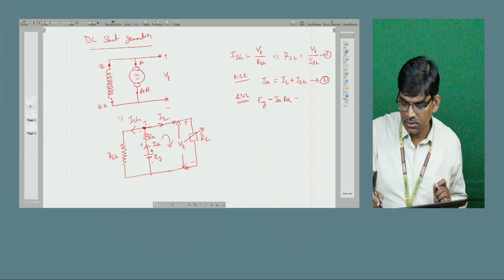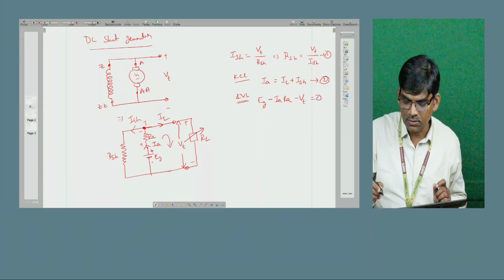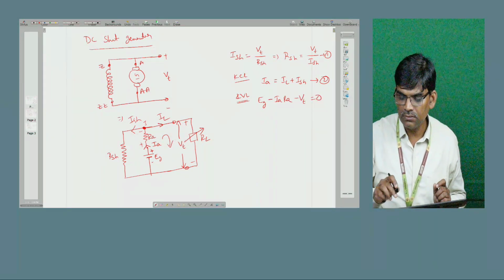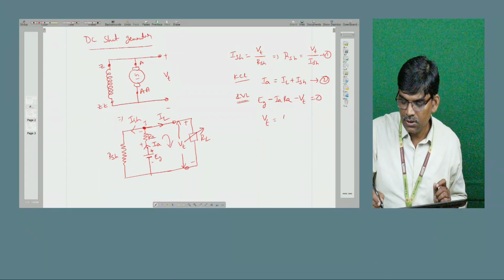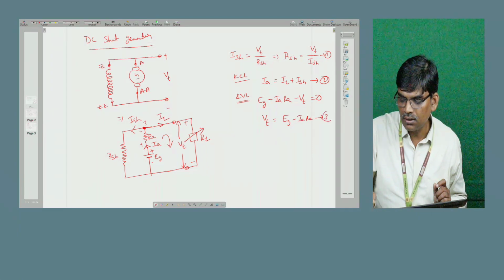This is the voltage equation, that's why all are voltages. From this equation, Vt is equal to Eg minus Ia Ra. This is the third equation.